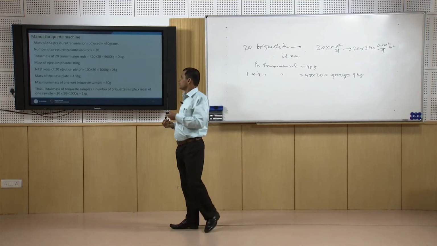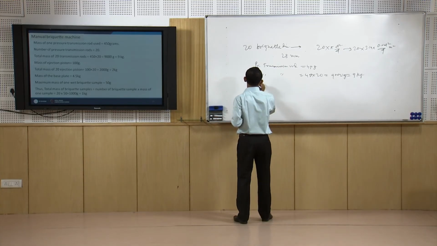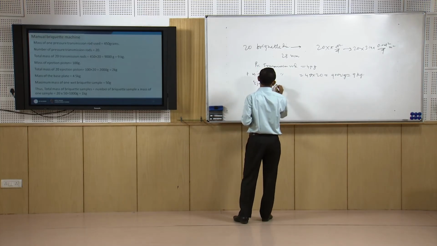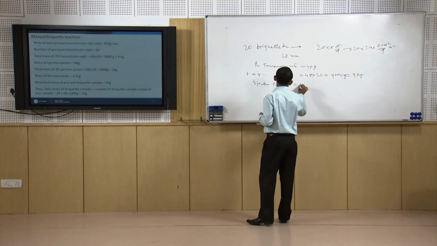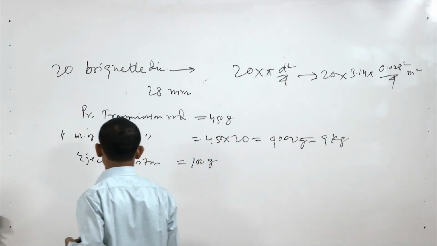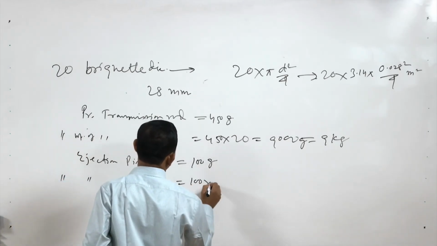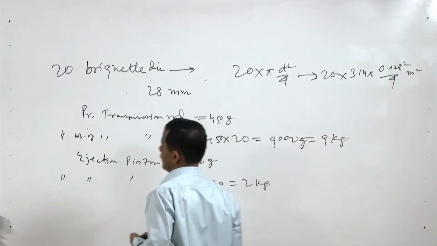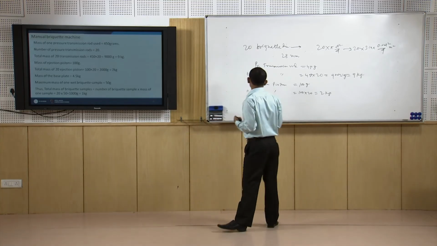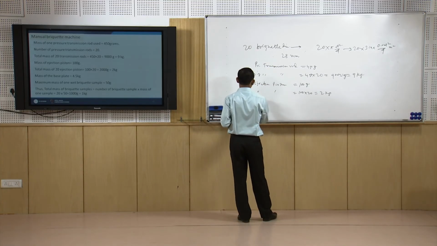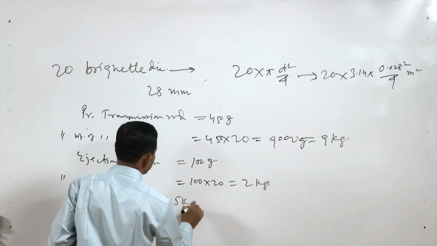Now, the mass of ejection piston is given here, that is 100 gram for each. So total ejection piston mass will be 100 into 20, that is equal to 2 kg. Mass of base plate is given as 4.5 kg.